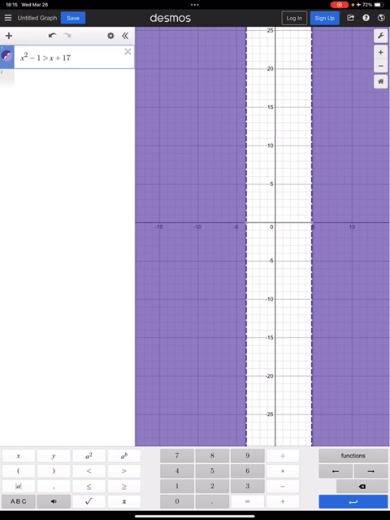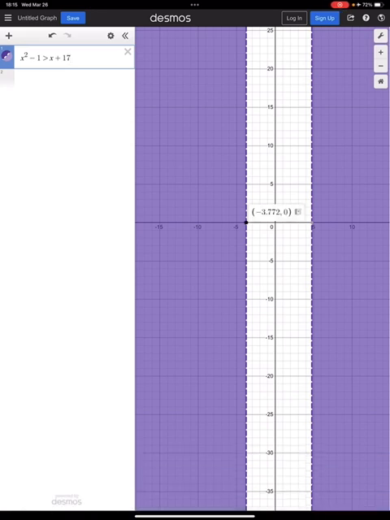That means we're going to have 2 statements, and these are our numbers: negative 3.772 and 4.772. If you notice, that basically means we're going to have to round, because if we look at the answer choices, none of them match up.